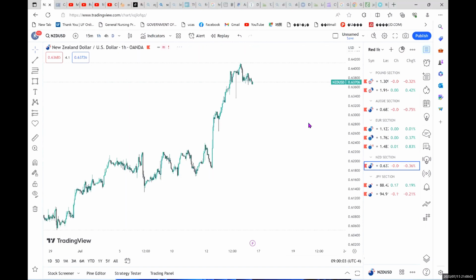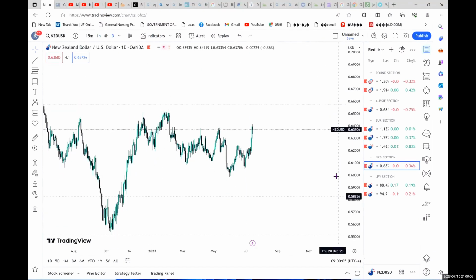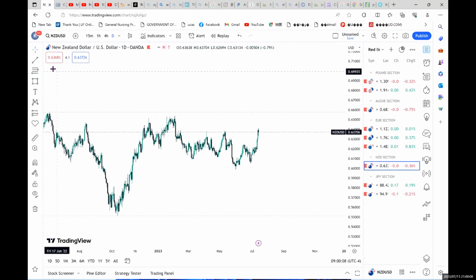On the daily, you can see we are at a resistance point here, and our extreme low is here.